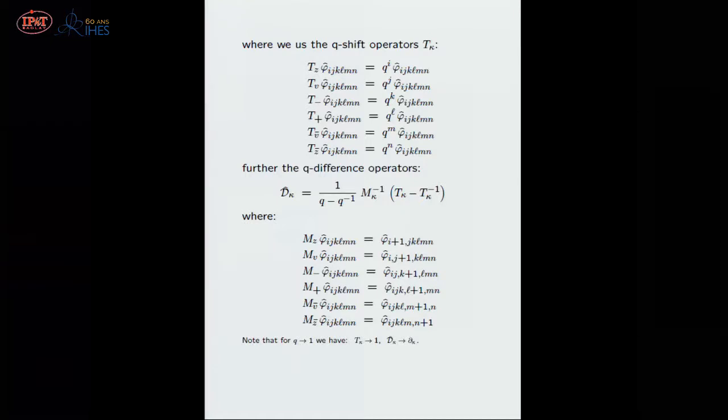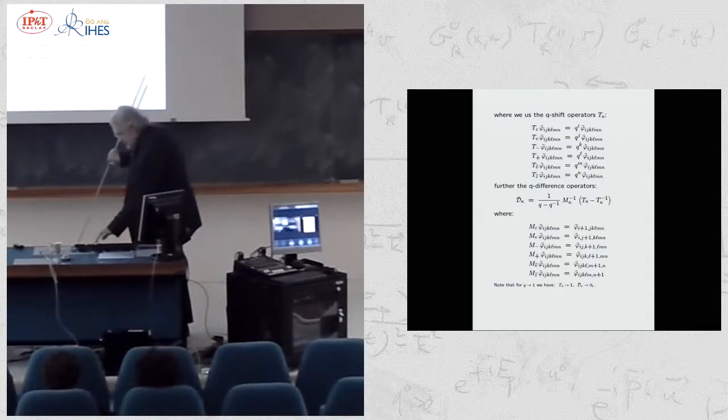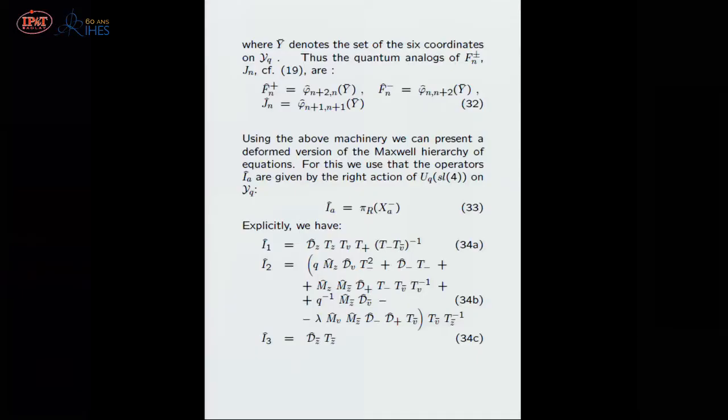So we have the Q-shift operators. So every variable gets shifted on the corresponding index. And we have the Q-difference operators. Certainly, for Q goes to 1, the shift goes to 1, and the difference operators go to the derivatives. So we can immediately see, I go back, that certainly this will go to dz, this to dz bar.